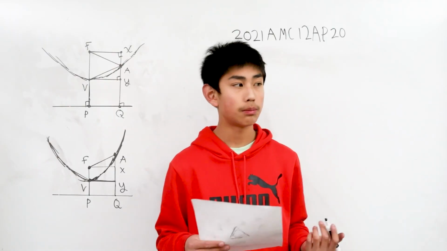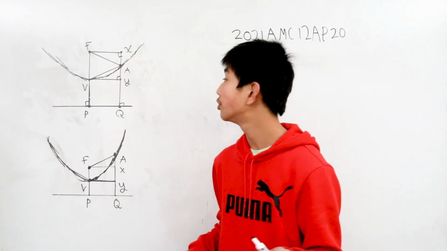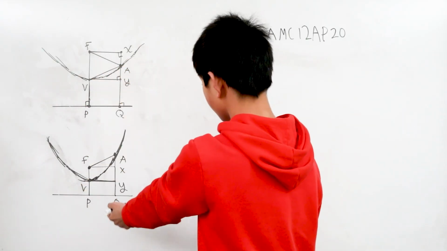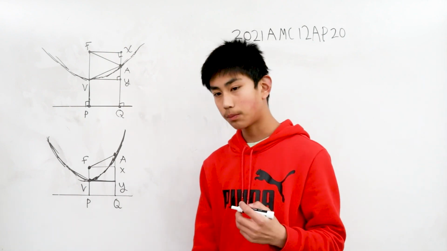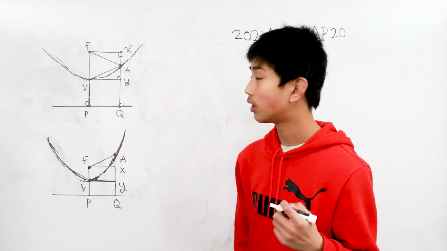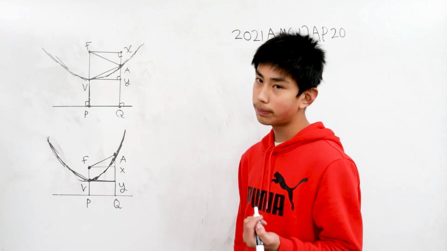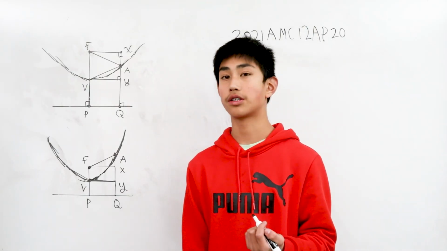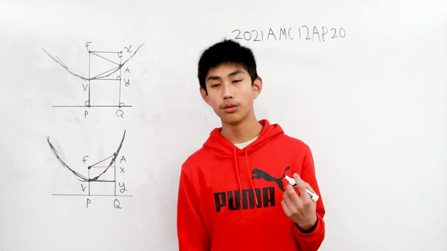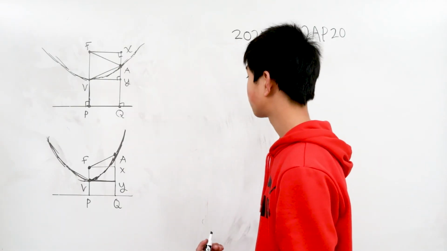This parabola can be drawn two ways, one like this and one like this. It is important to note that we can draw up some equations that we want to use, because they will be vital to solving this problem.